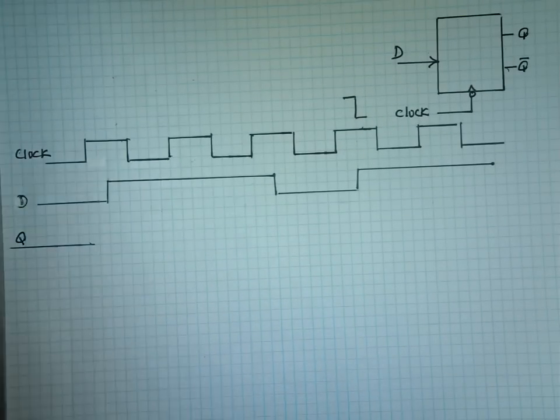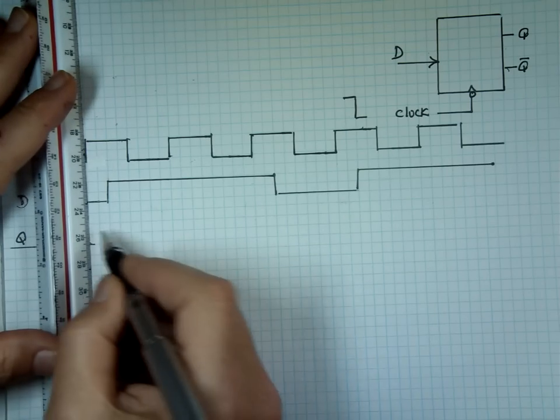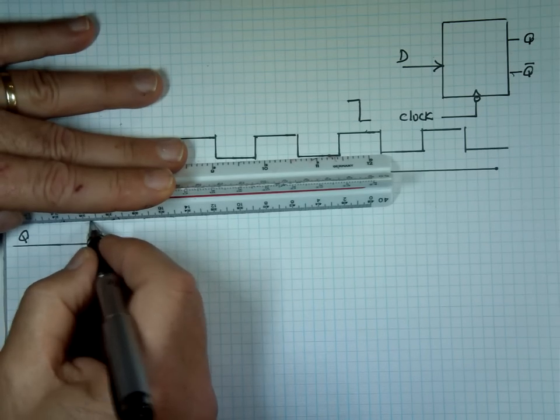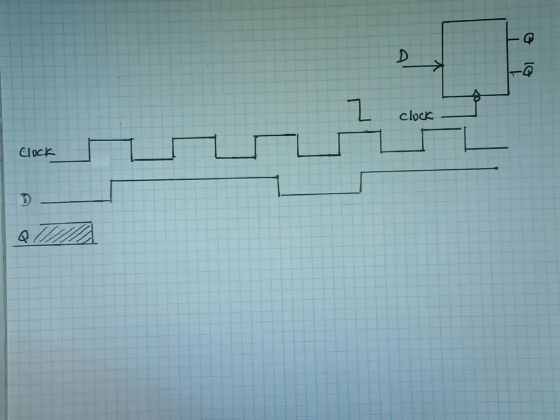If you attach a VCC to reset, it makes it start from 0. If you attach it to set, it makes it start from 1. So it's really up to you what you want to start at, 0 or 1, based on if you hit reset or set. You decide where you want to start from. It's not important here. If you hit set, it will start from 1. If you hit reset, it will start from 0.